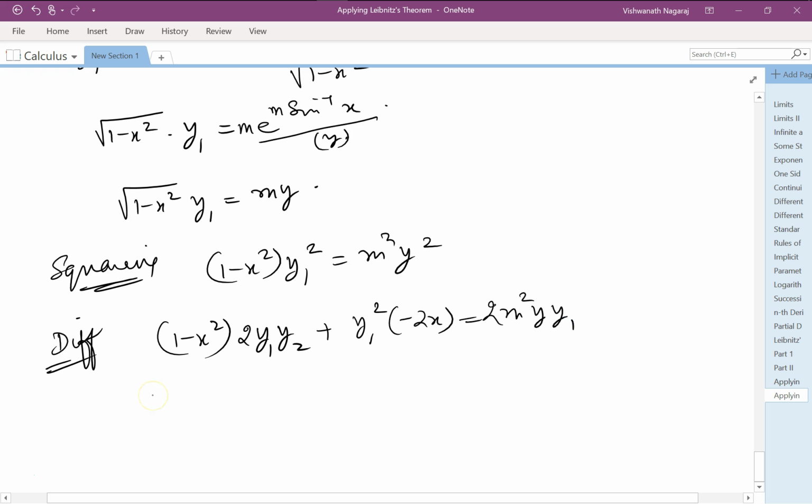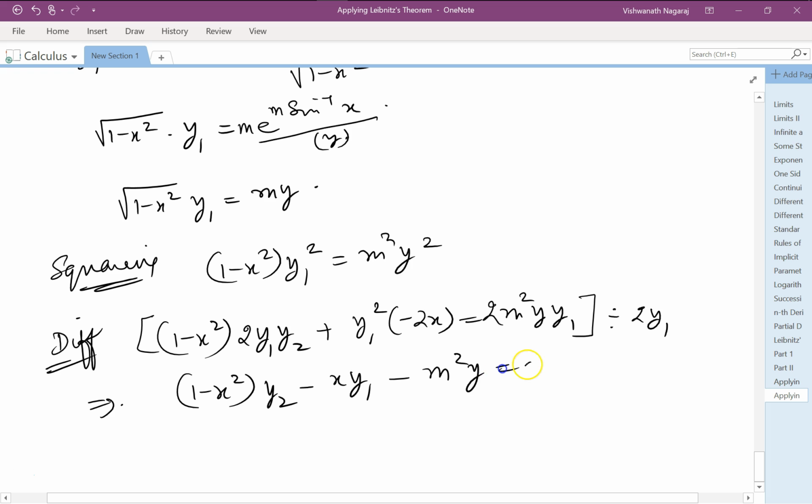Okay, so now 2y1 is common to all of them, so let's divide by 2y1. So 1 minus x square y2 minus x y1, let's bring it to this side. Now 2 and y1 will go off, so we are left with minus m square y equal to 0.